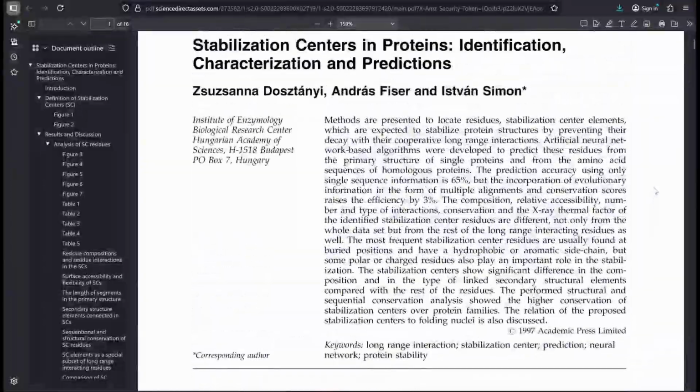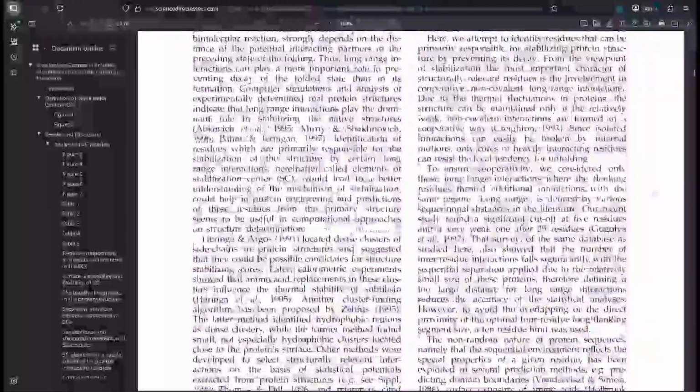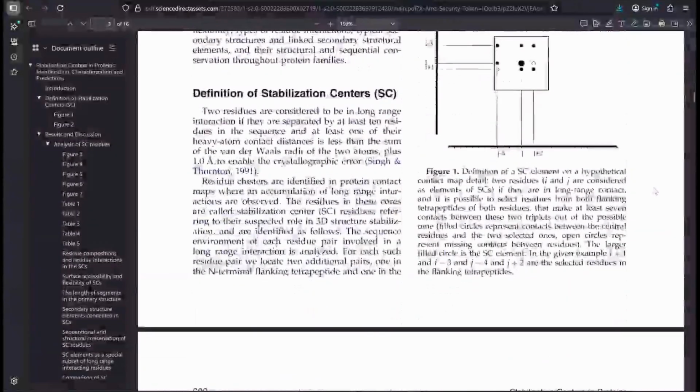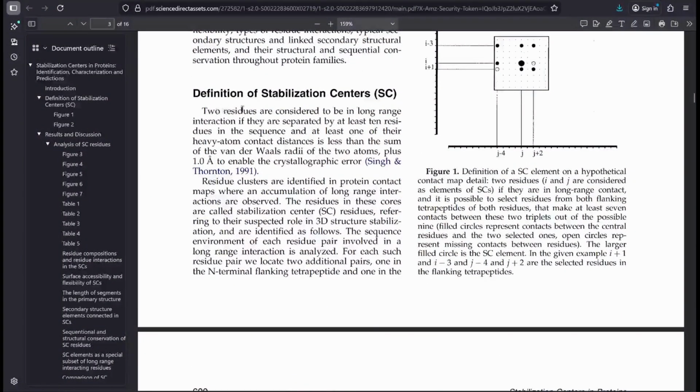If you look at this particular paper, you will see a definition given here. They mention that two residues are considered to be long range interactions if they are separated by at least 10 residues, so they have taken a cutoff value of 10 in the sequence, and at least one of their heavy atom contact distances is less than the sum of the van der Waals radii of the two different atoms.